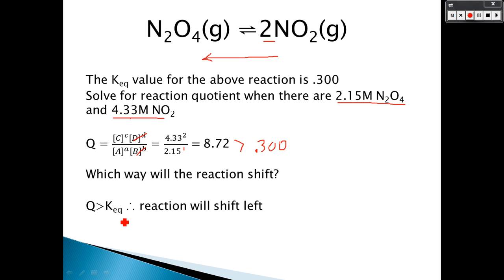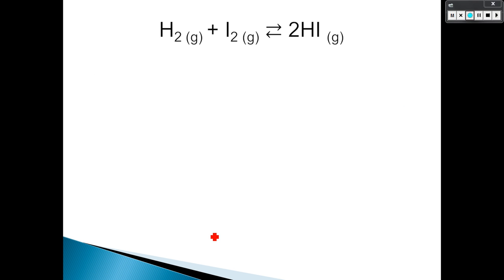And by the way, if you don't know, these 3 dots are the mathematical symbol for therefore. So Q is greater than KEQ, therefore the reaction will shift left. These are things you can memorize, but it's much better if you understand why they are the way they are, which is why I didn't introduce numbers right away.